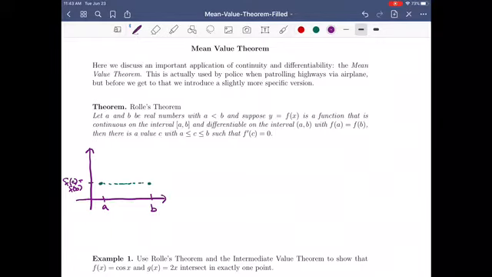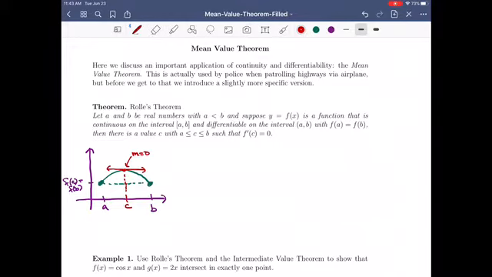Maybe the function does something like this. So it's continuous and differentiable. What Rolle's theorem says is that there is a point c, here it looks like it's in the middle, where the tangent line is horizontal, or the slope is 0.